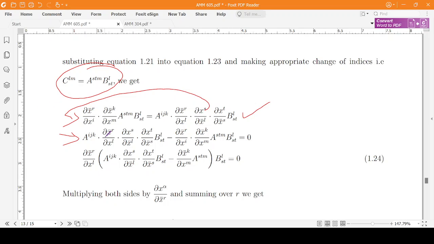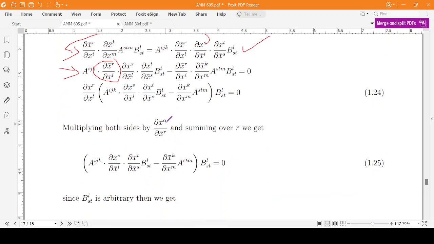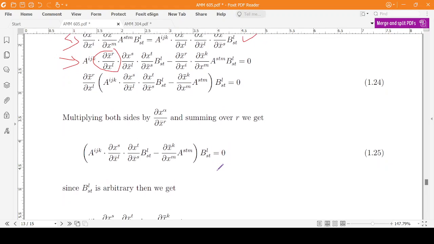And we see that dxr by dxl, we factor out some component here, this one. Then we end up with this equation, from which, if we multiply both sides by dx alpha by dxr and sum over r, we end up with the equation 1.25.